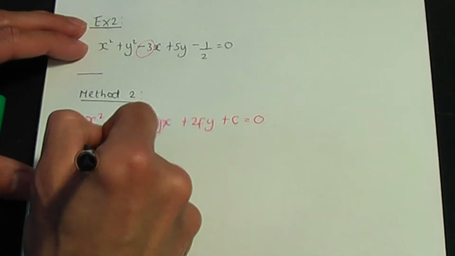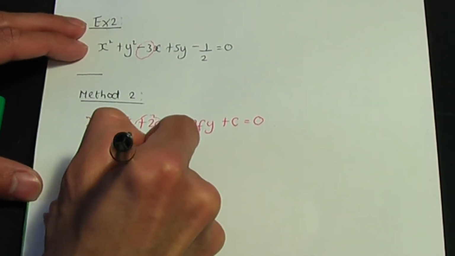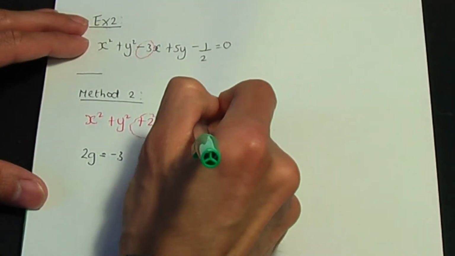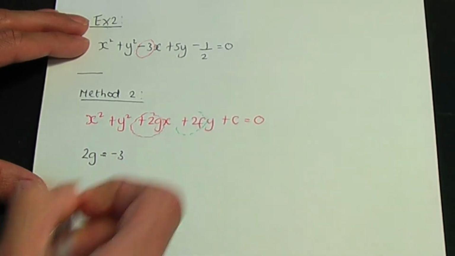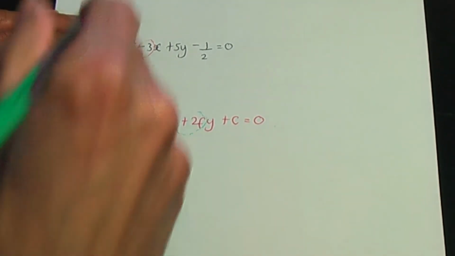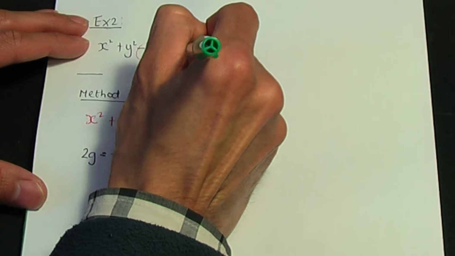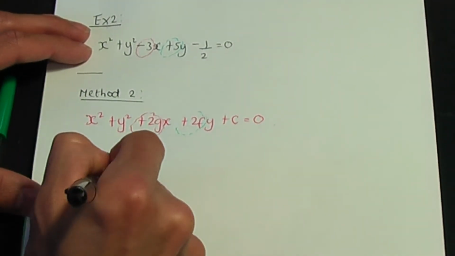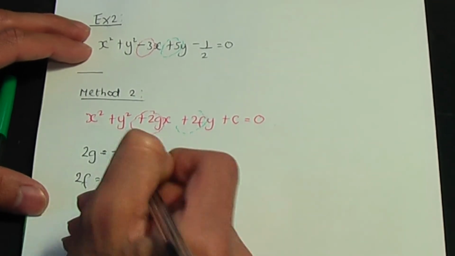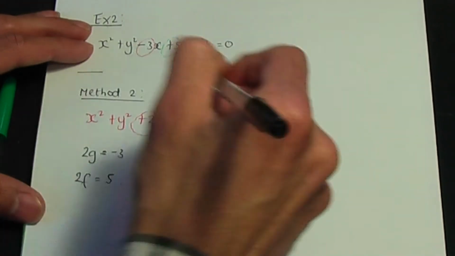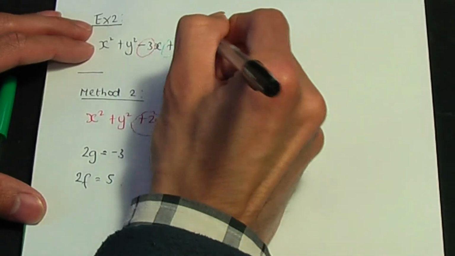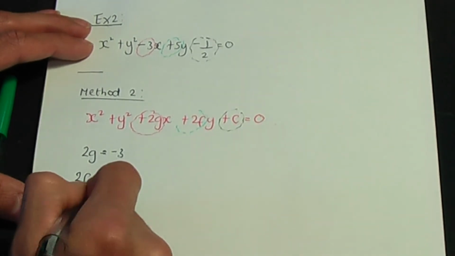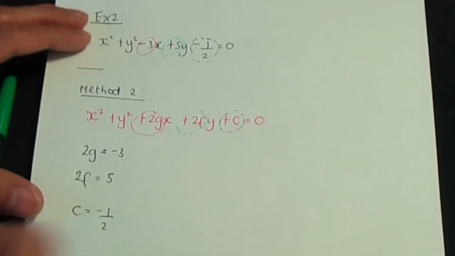So 2g is minus 3. With regards to the coefficient of y, 2f, looking at the equation, it's plus 5. So 2f is plus 5. As for c, looking at this equation, c is minus half.